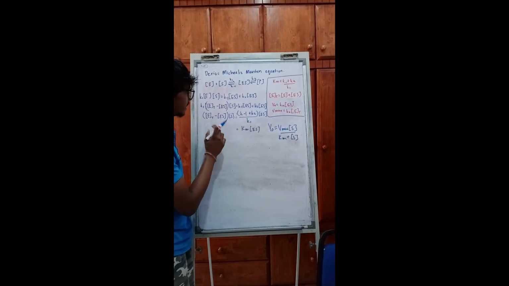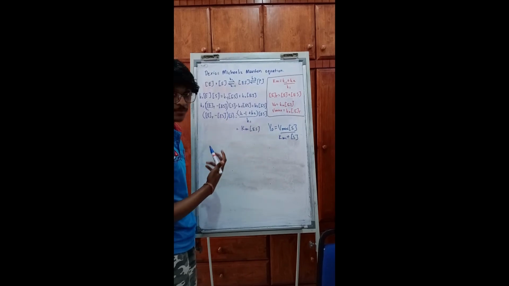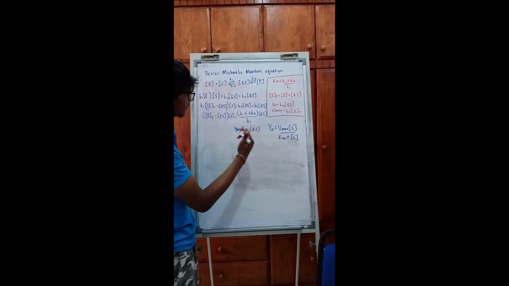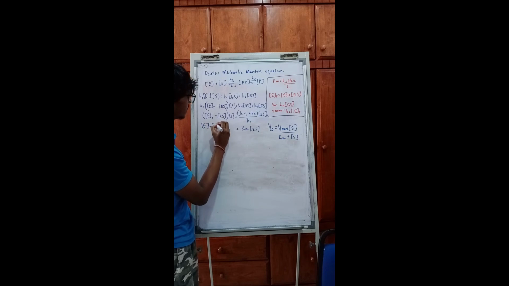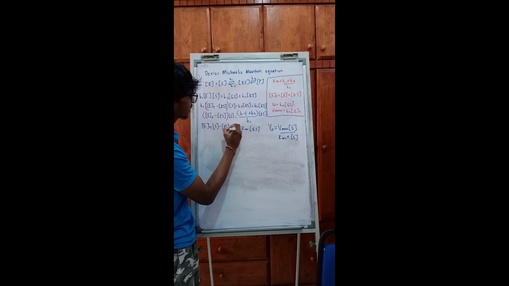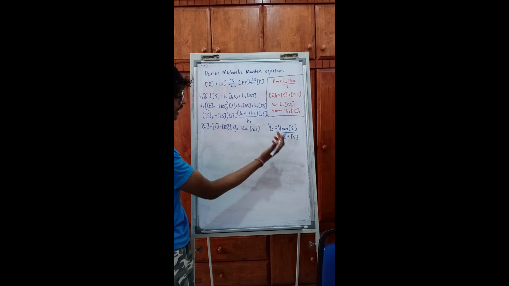So now here we have enzyme substrate, and here we have enzyme substrate. So we have to bring it to the same side. So now we have to solve this equation. So total enzyme concentration times substrate minus enzyme substrate complex concentration times substrate. So now we can bring this to the right hand side.